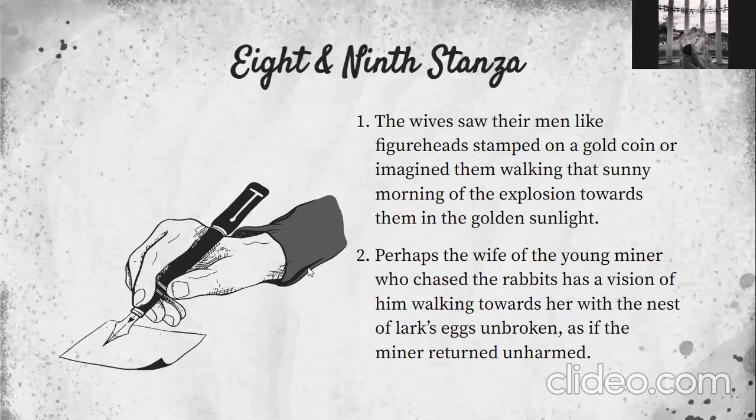In the eighth and ninth stanzas, the wives see their men like figureheads stamped on a gold coin, or imagine them walking that sunny morning of the explosion toward them in the golden sunlight. And then perhaps the wife of the young miner who chased the rabbit has a vision of him walking toward her with a nest of large eggs unbroken, as if the miner returned unharmed.